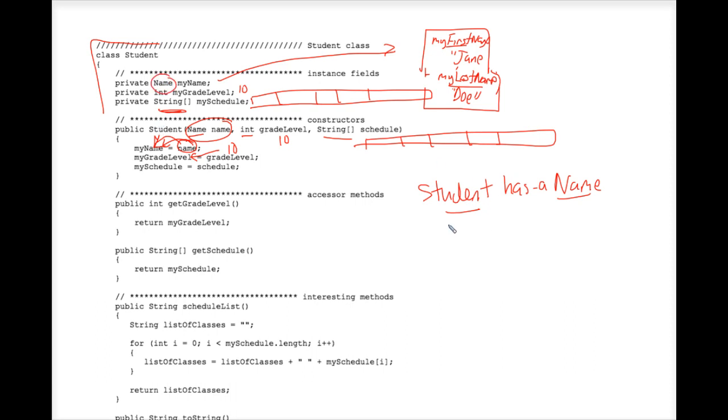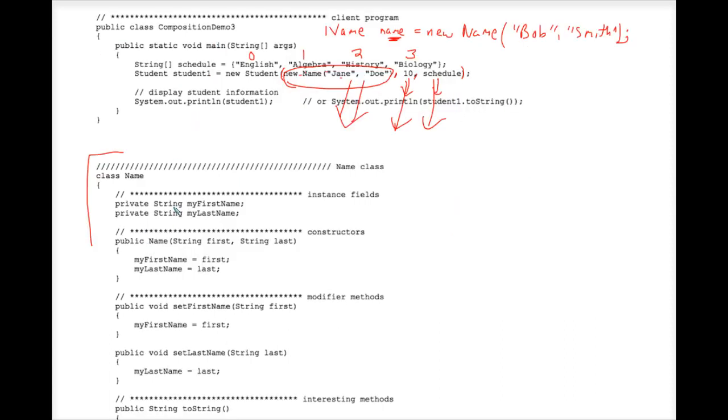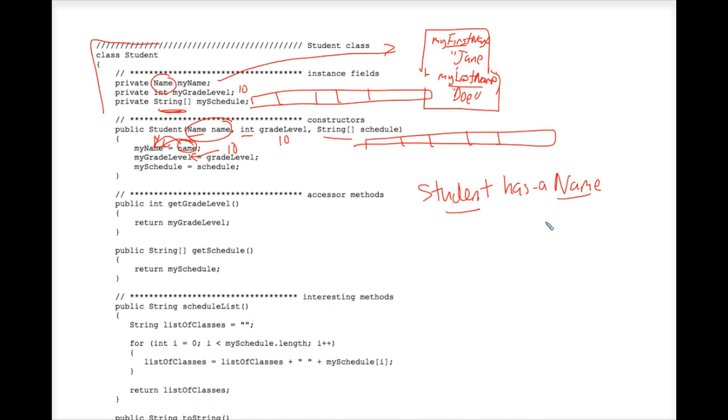It would be incorrect to say that name has a student, because if we look at the name class, there are no properties here, no instance fields that are students. So you would not say name has a student, but you can say that student has a name.